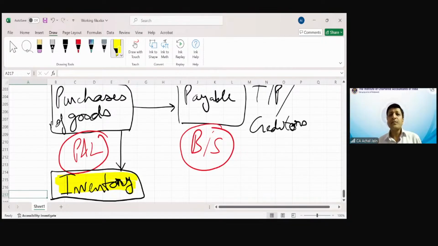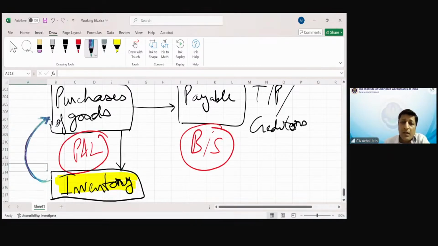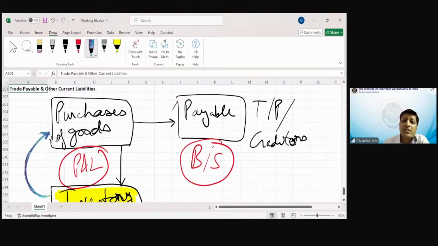Now, this inventory is something that we have already discussed quite a lot. And its linkage with purchase has also been discussed. Now, when we cover payables, we'll focus more on the payable part, not on the inventory part or the purchases part.